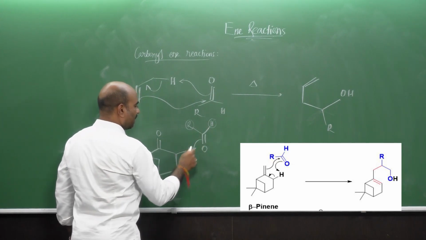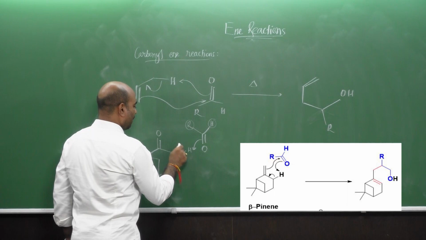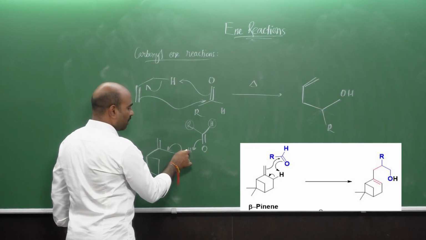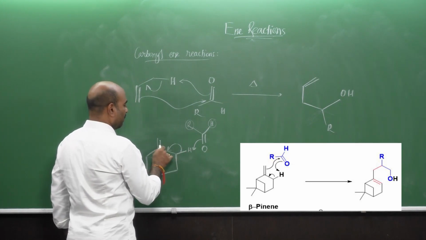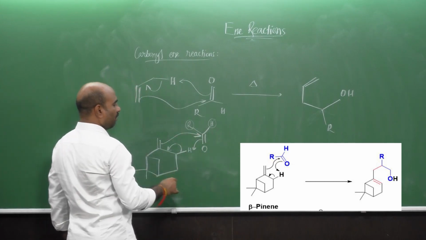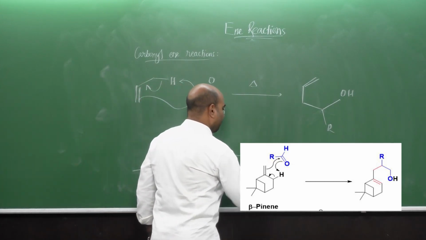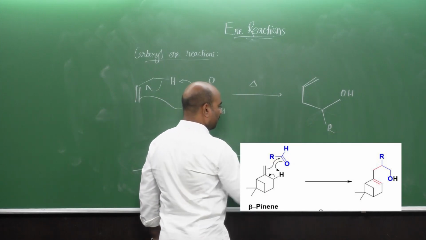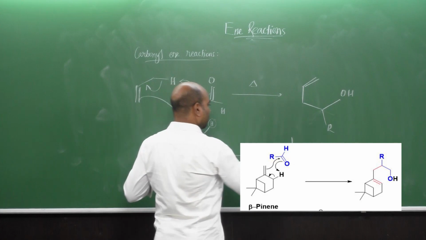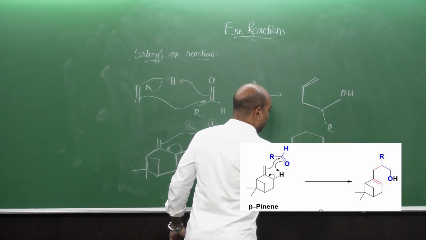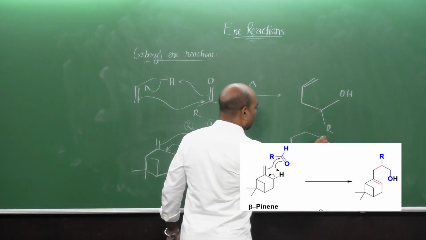So this is capturing the hydrogen and this double bond is formed here because of the conversion of the allylic sigma bond into this one, and then you will see the formation of a new sigma bond here. So as a result of which these are all same and this is the carbon and you have OH coming here.